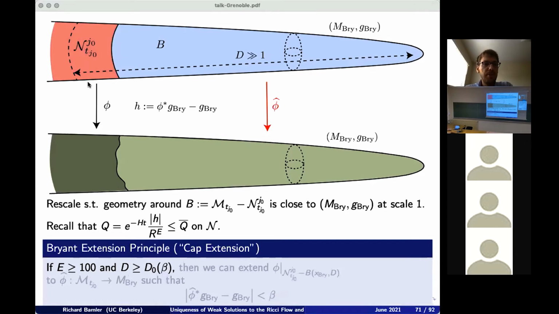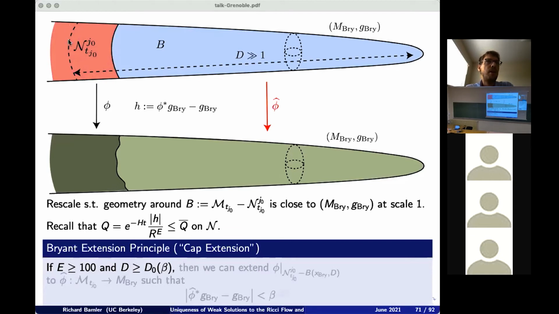So in other words, I'm going to choose some D, and beta is some constant which should govern the precision of the resulting map. I want to choose D very, very large, depending on beta. So D should be this length. In reality, D should be much, much longer, but I didn't have space on the slide.